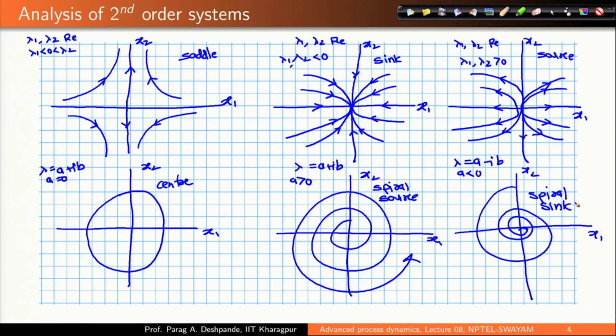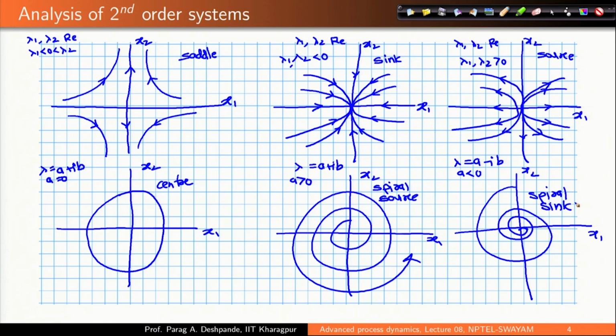Now, finally, what we have not discussed or seen in these phase portraits is the dependence of the components of the dynamical variable on time, because these plots give you the variation of one component of the dynamical variable with the other component.